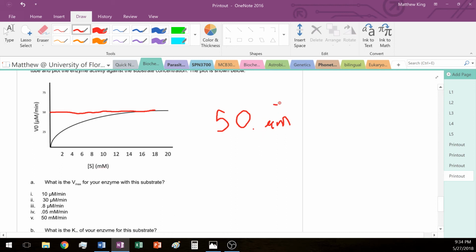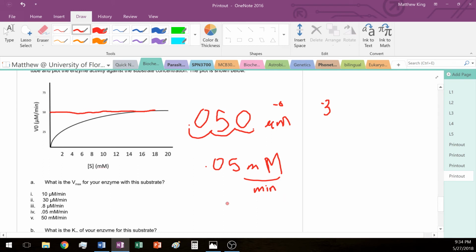You're going from micromolars, negative 6, to millimolars, negative 3. That means you need to move your decimal place 3 spots over. So 1, 2, 3, and when we do that, you have to fill in another 0. So 0.05, that would be millimolars per minute in this case.